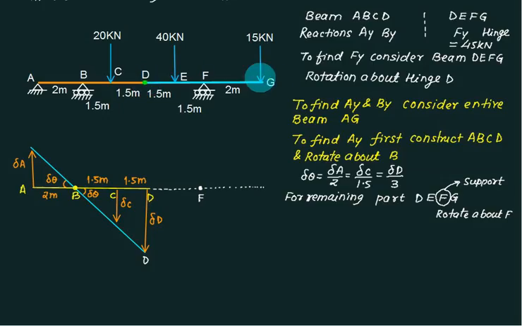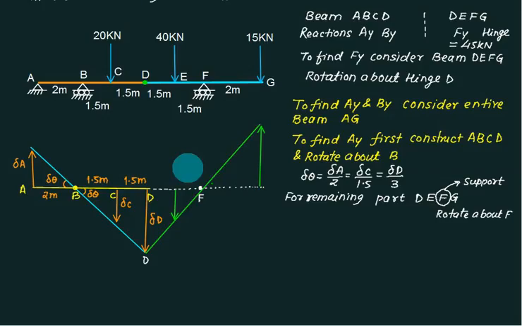Now this DG part, D is coming downward, you have to rotate about F. It means that you have to show your figure this way. This portion goes downward and this portion will go upward about F point. It means that E point has moved downward and G point has gone upward.